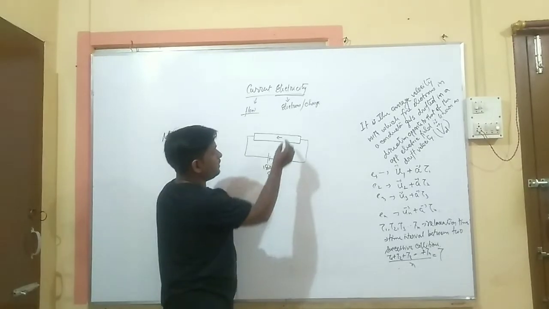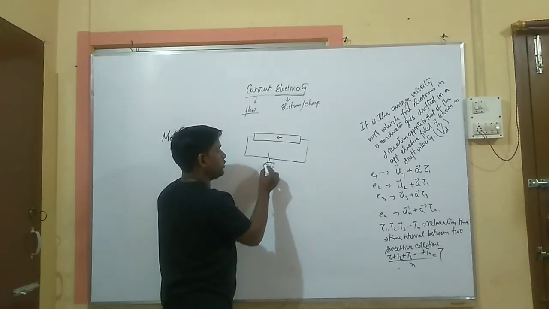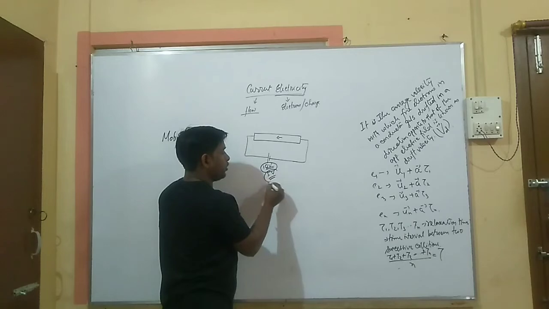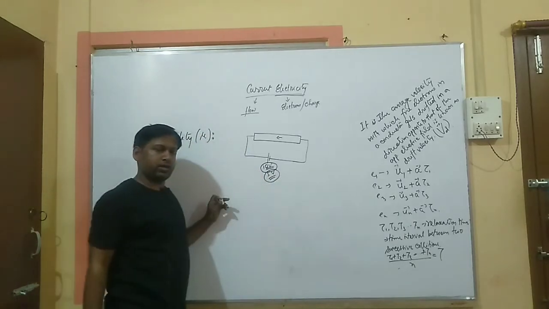That means the drift velocity depends on the potential difference applied across the conductor.